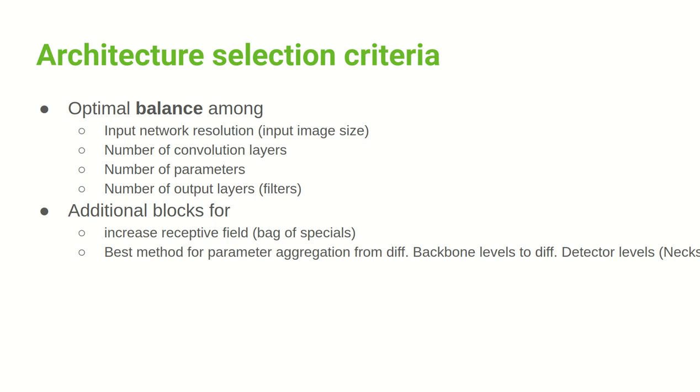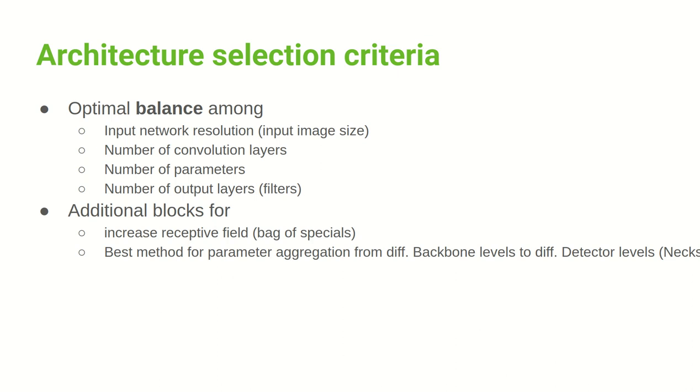So the YOLOv4 architecture selection criteria is trying to find an optimal balance among those different factors. Quite intuitively, we can think about the input network resolution, which is the input image size.